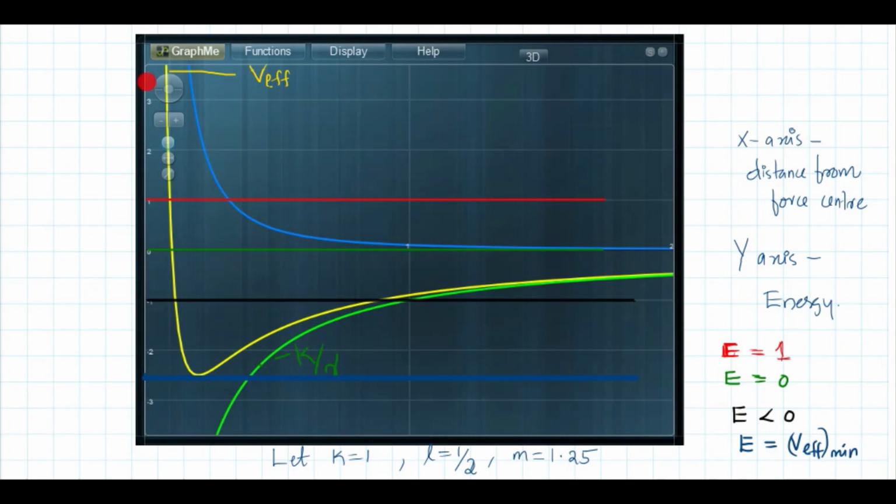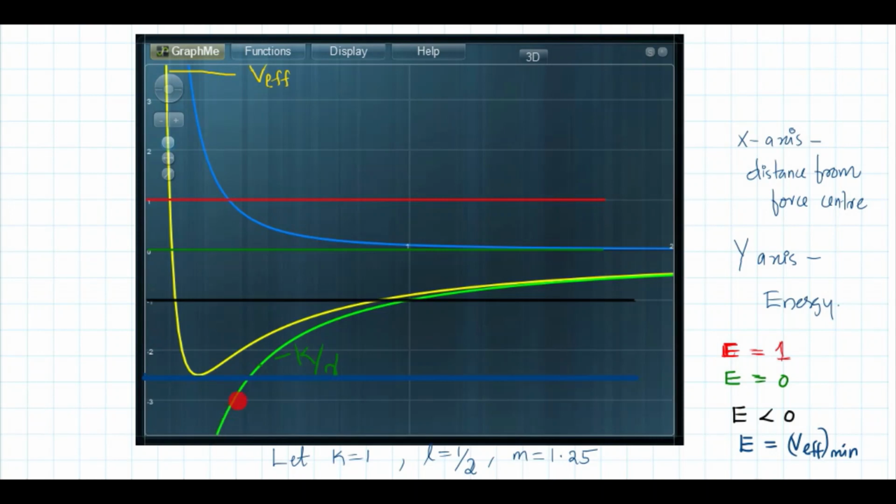The y-axis is actually energy. It can be potential energy or total energy, so the y-axis has a quantity having dimension of energy. Here I plotted 3 graphs.